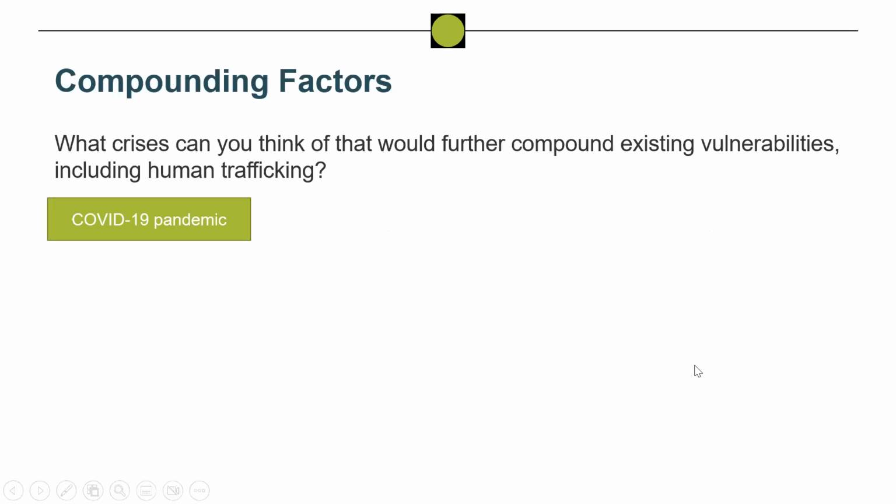It was one of the crises that really pushed the human trafficking crime to another level because of the public health measures. There were quite numerous measures that were put in place by government. And as a result of that, we can discuss further how such a crisis presented itself in increasing the crime. Another one could be climate change.